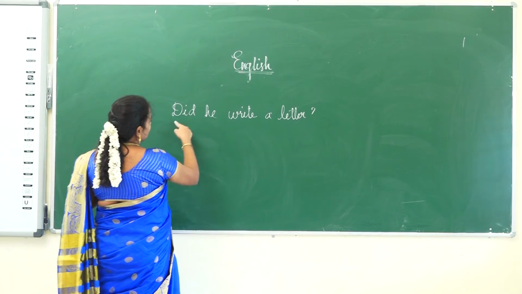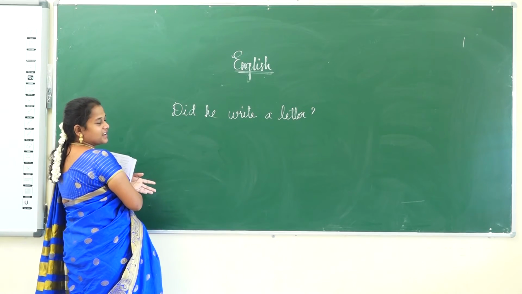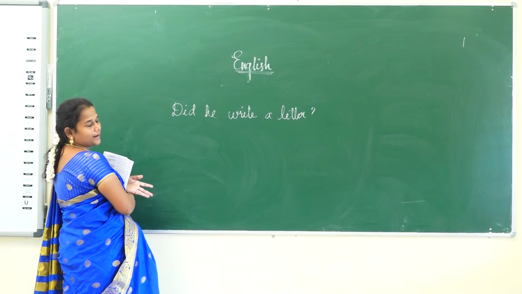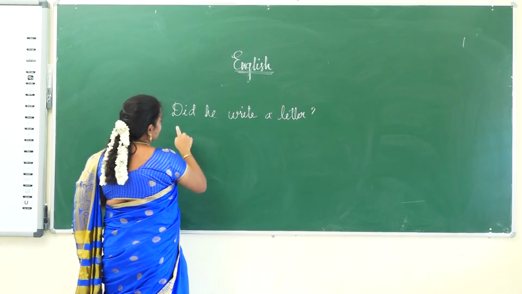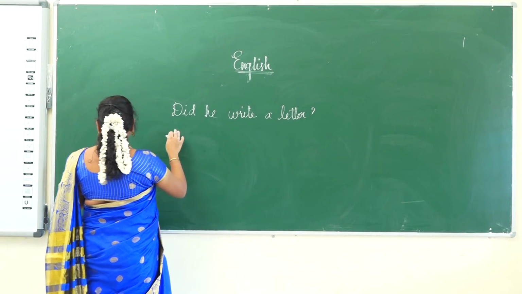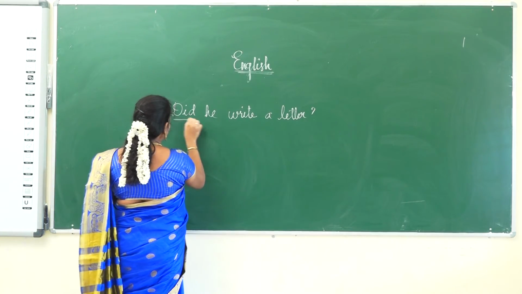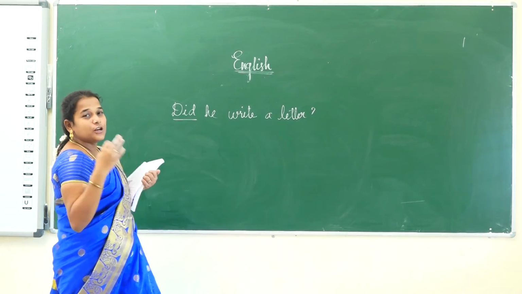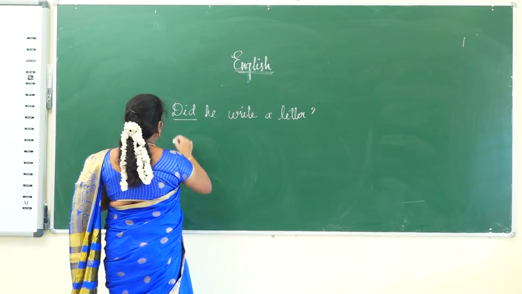So here what is the answer for this? Yes, he wrote the letter, or no, he didn't write the letter, we will say. But here this is in the form of a yes or no question. So how do we have to convert? This is did. Did is in the form of past tense. So we have to supply the verb was.